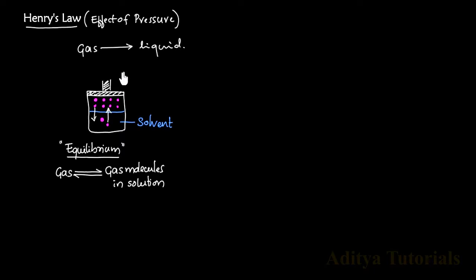Now I do one thing, I push this piston downwards. Let's see what happens. So the same container I will take, separated by a boundary here. This is a water layer or solvent.